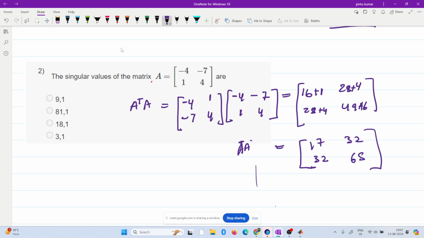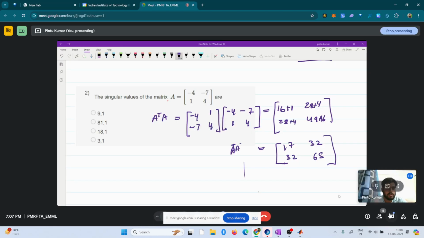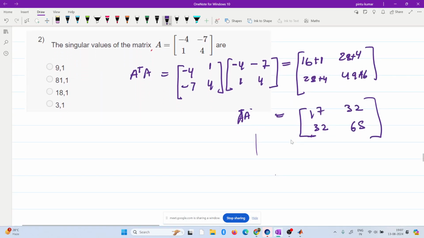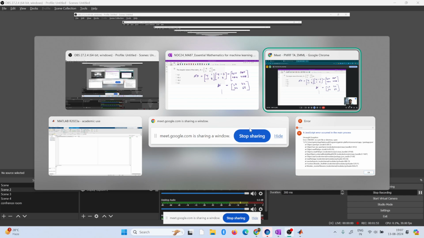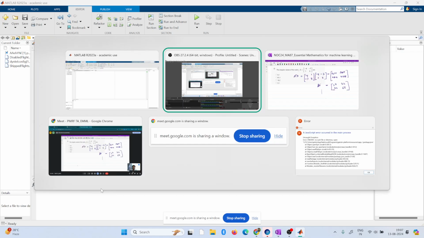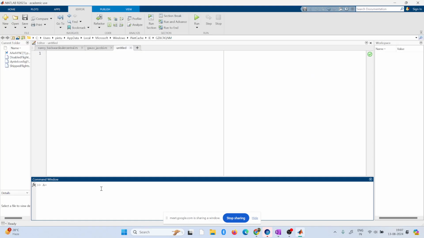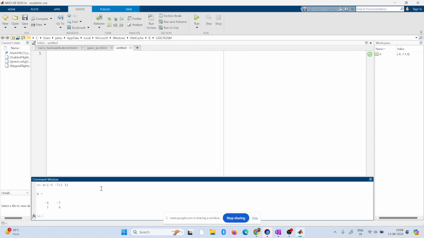Somebody says 1 comma 81, probably that is correct, but we'll wait for others to solve. So somebody says option 2.